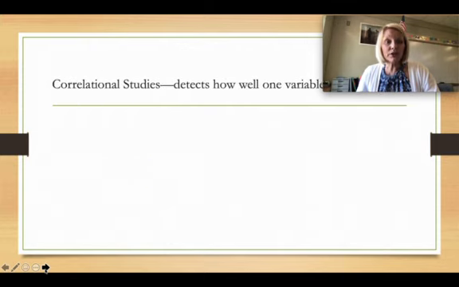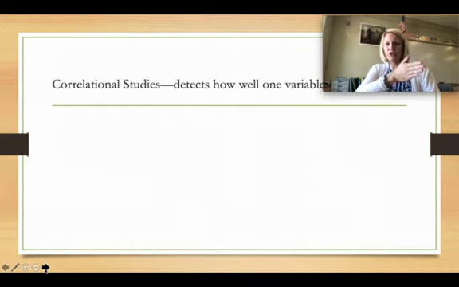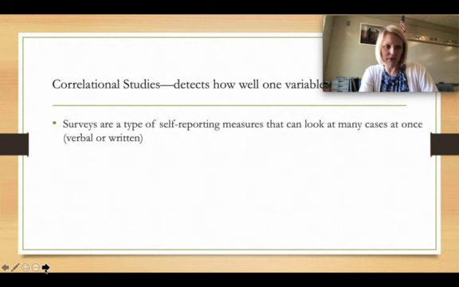All right, correlational studies detect how well one variable predicts another. So a correlation, you know what a correlation means, like how well this is going to predict this happening, the cause and effect type situation. So surveys are good. A type of self-reporting that can look at many cases at once.